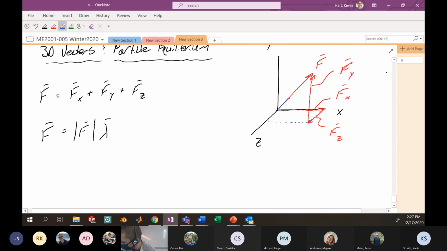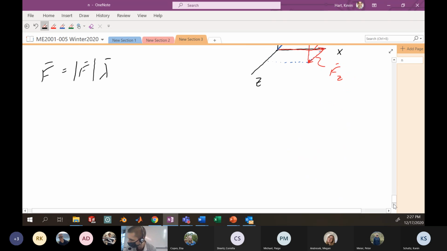So here we have a new unit vector we're introducing, called lambda. There are many ways for us to define this unit vector lambda and the magnitudes of the individual components of that force. And we did this in two ways.